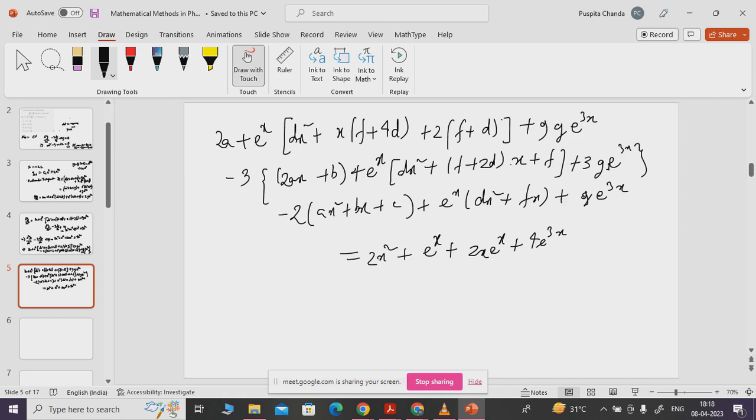Now we will write the left part of the equation as a coefficient of x² e^x, x e^x and e^(3x).